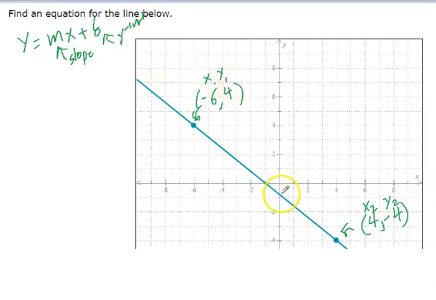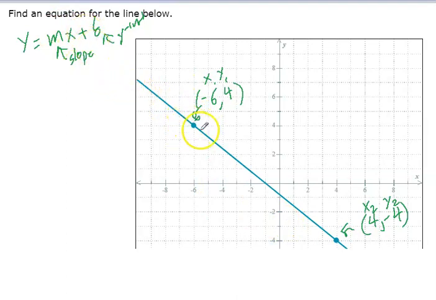Now, in this case, we can't really read what the y-intercept is directly off of the graph, because notice it's a little bit above that -1 right there. So what we're going to do is, first we're going to figure out what the slope m is from these 2 points, and then we're going to plug one of these 2 points into the equation like we did in the last problem to figure out what the y-intercept is.